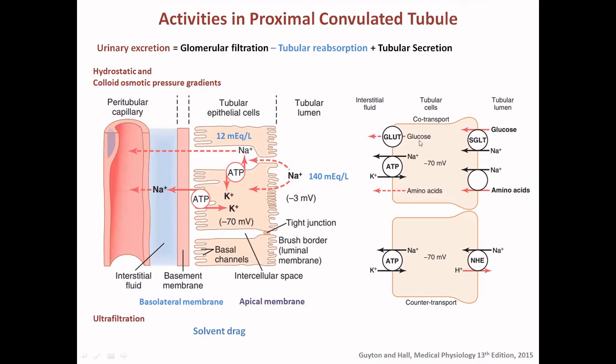After that, because glucose concentration is high here, glucose easily moves into the peritubular capillaries, while the sodium is removed by the sodium potassium ATPase. Similarly, sodium also co-transports amino acids, and on the basolateral membrane side the amino acids move into the medullary space, then to the peritubular capillaries.